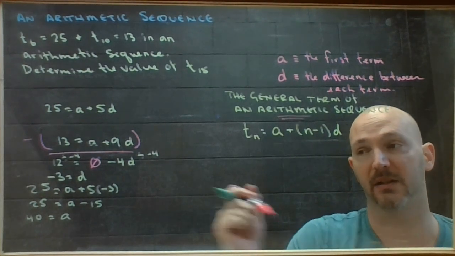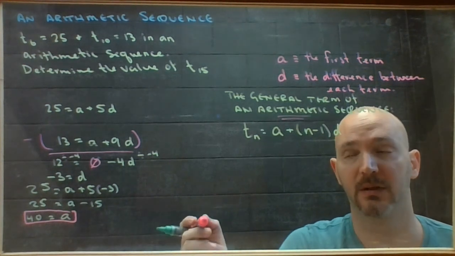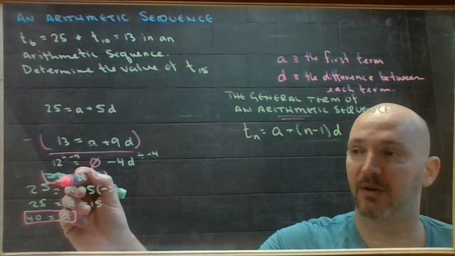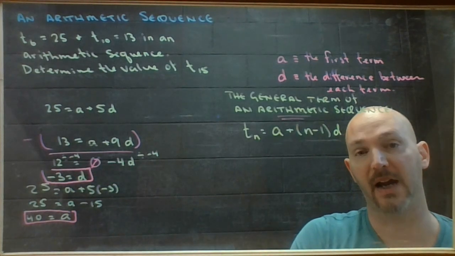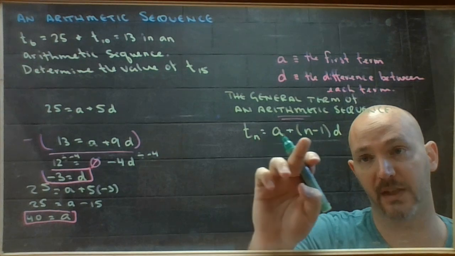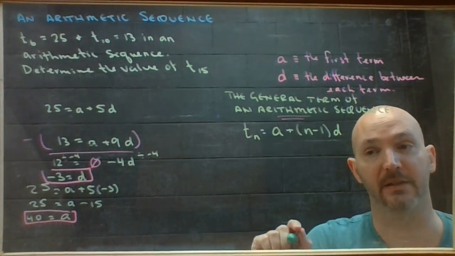So when I started, I didn't know what the first term was. Now I do. I didn't know how much it was jumping each time. Now I do. So I have all the information I need to fill into this little model to figure out what the value of term 15 is.